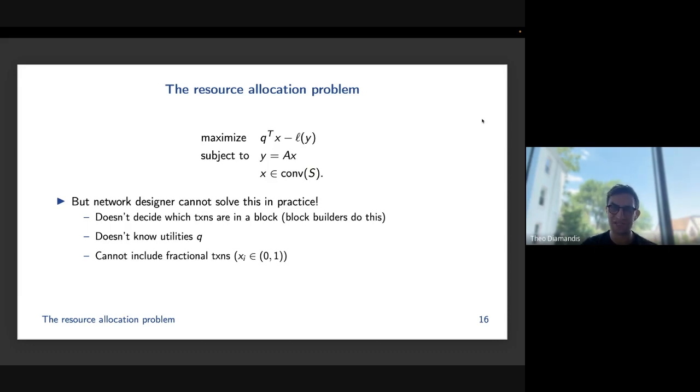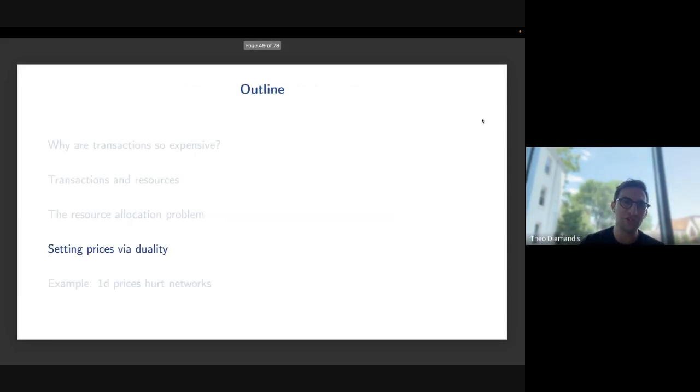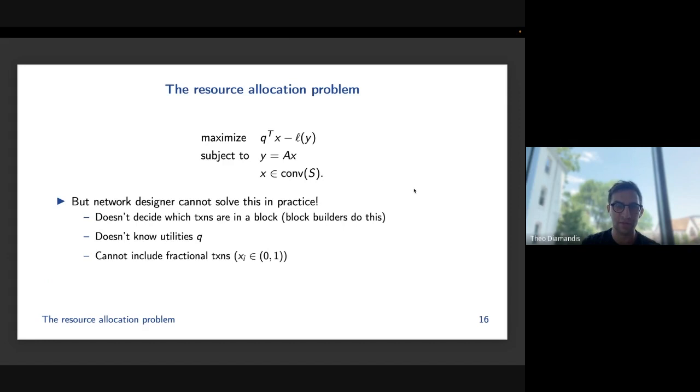That doesn't necessarily even make sense. So to actually solve this problem, we're going to turn to convex duality theory, which is going to give us a way, as the network, to implement a fee mechanism such that the people interacting with the network are implicitly solving this problem. Before I go on to that, are there any questions about the optimization problem itself?